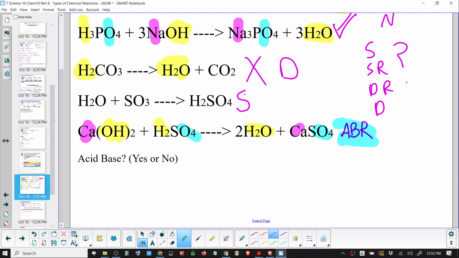Let's see, do I have it? Watch everything go up in a cleansing flame. Oh, he's burning stuff. Well, yeah, it's a combustion reaction. Combustion reactions always have the same input.